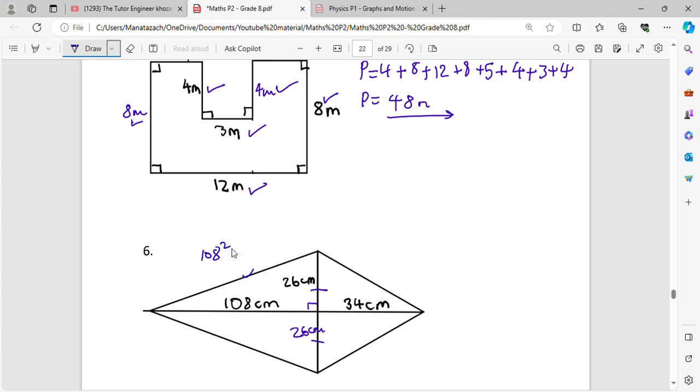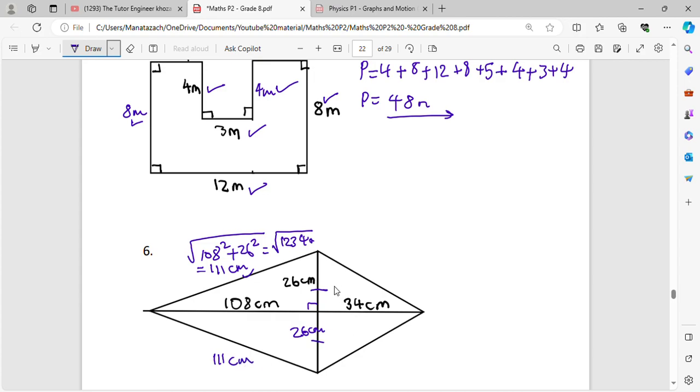It's going to be the square root of 108 squared plus 26 squared. So this side is going to be 111 centimeters. This one will also be 111 centimeters.